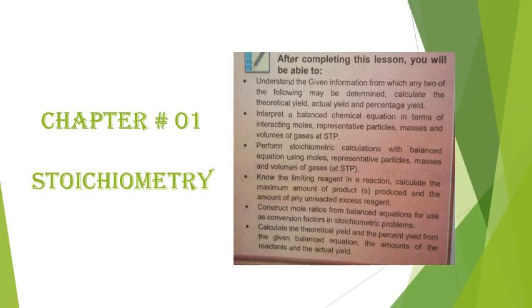Then mole ratios, how to construct mole ratios from the balanced chemical equations in the form of conversion factors in stoichiometric calculations. Then calculations regarding theoretical yield and percent yield, which is the last topic of the chapter, and how to get the percentage yield from the given quantities by means of the balanced chemical equation.